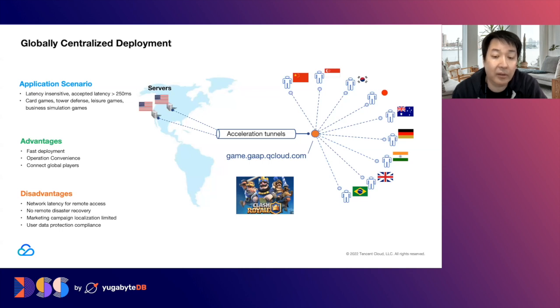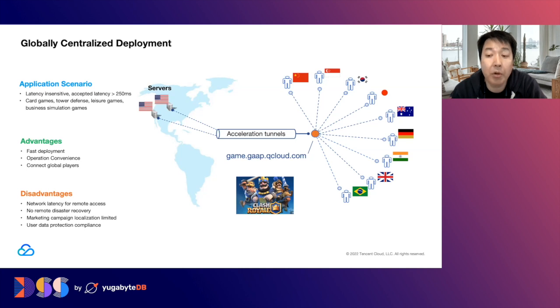These are like card games, tower defense, leisure games, business simulation games. The advantages of using this are that it's fast deployment, the operational convenience. You can connect global players around the world. And the disadvantages are that the network latency for remote access is not very good.